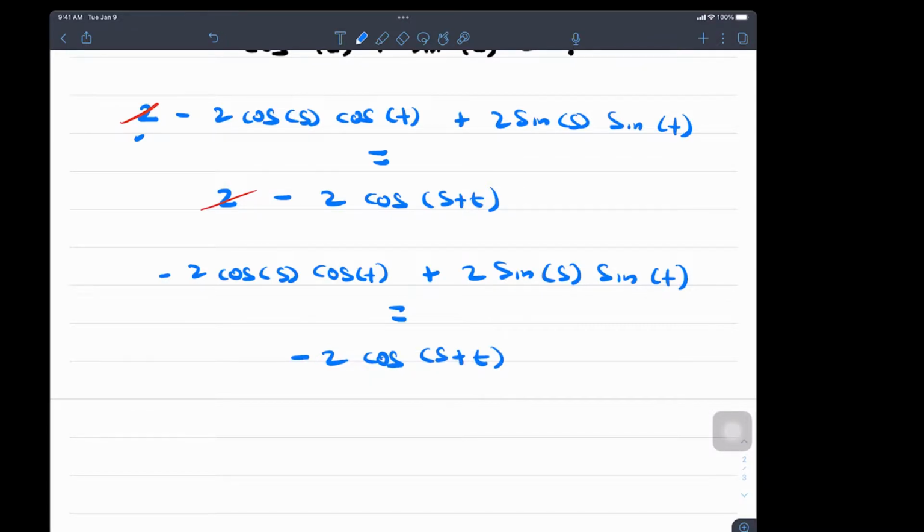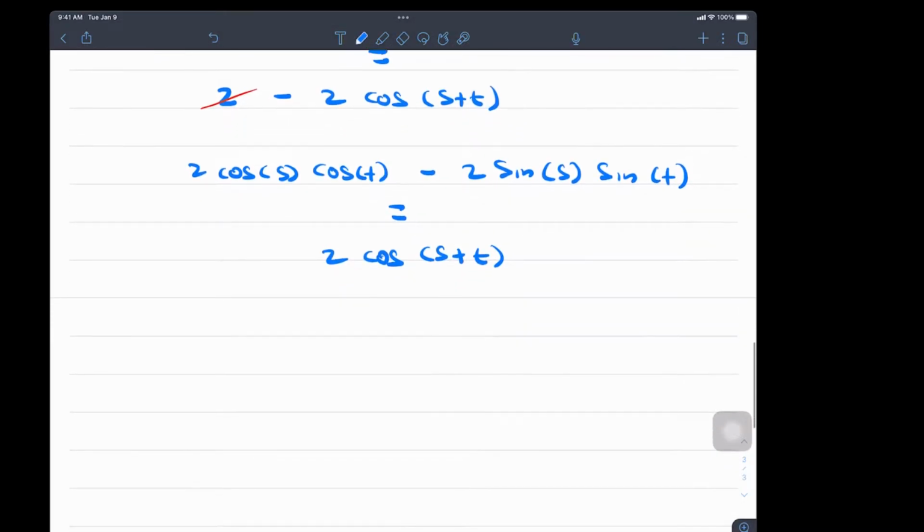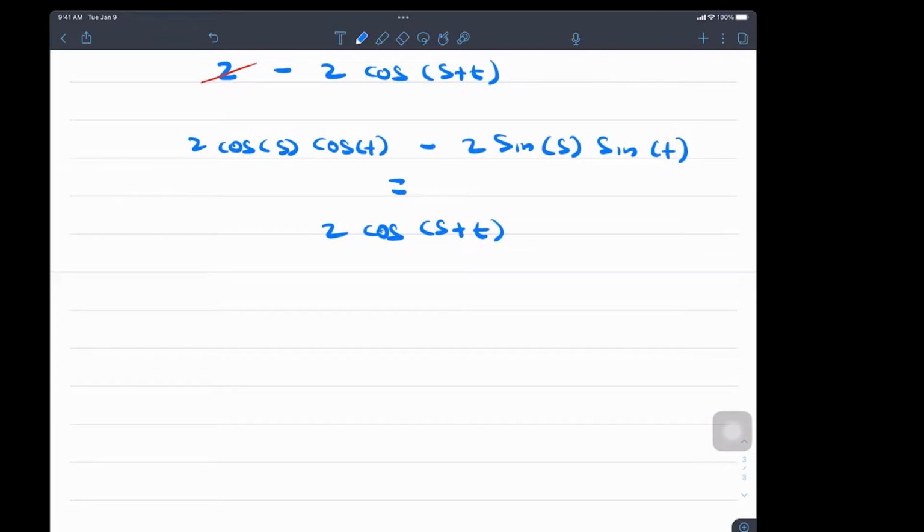Okay? And I can actually change the signs. If I say I'm going to multiply everything by what? A negative 1, that changes the signs. Okay? And then I guess I'm going to divide everything by 2. You say, what does that do? That gets rid of the 2.